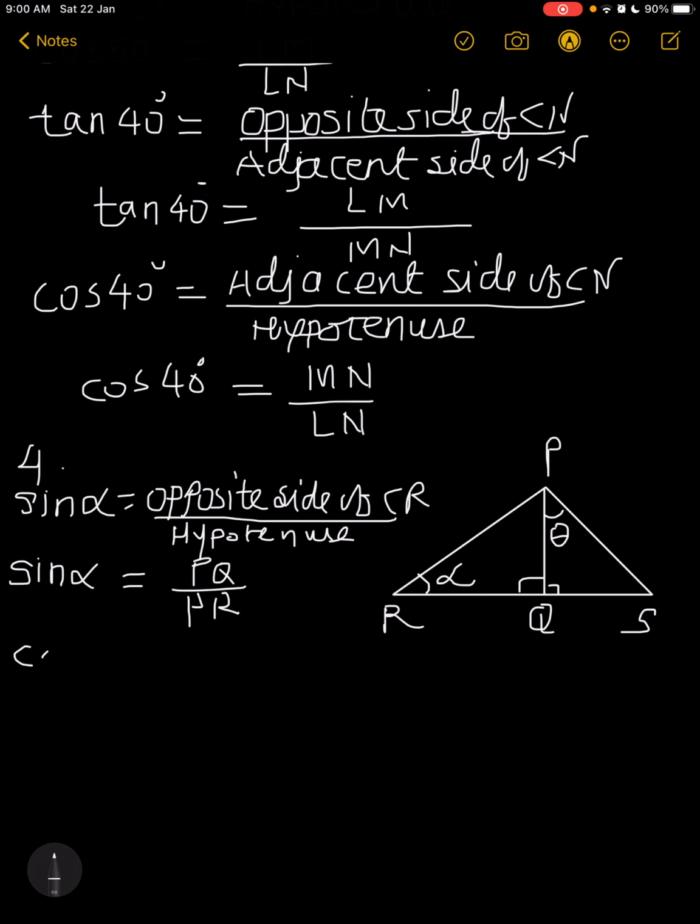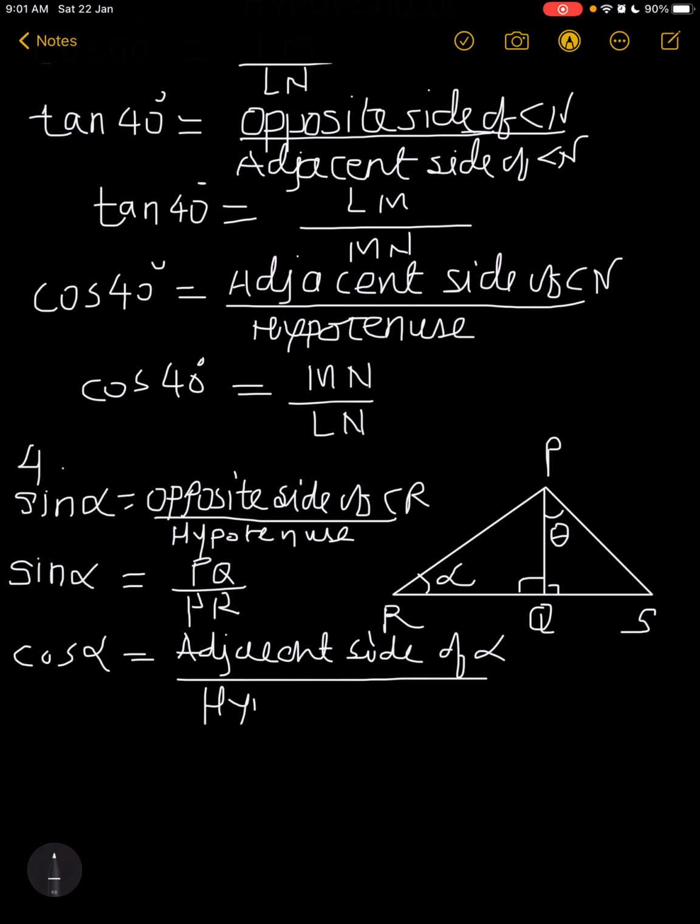Okay. Now cos alpha. Again alpha. So here adjacent side of alpha, I will divide with the hypotenuse. Cos alpha. Adjacent is QR.